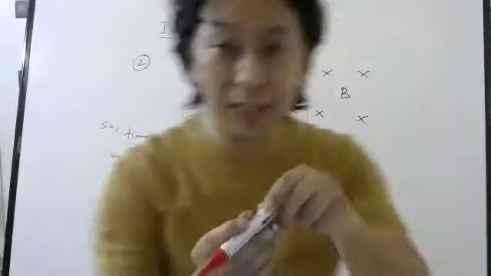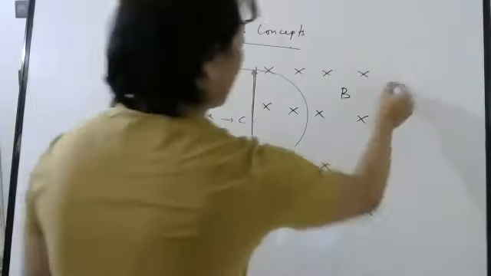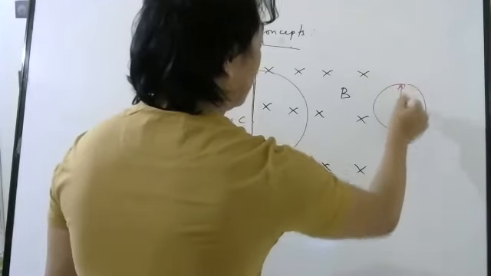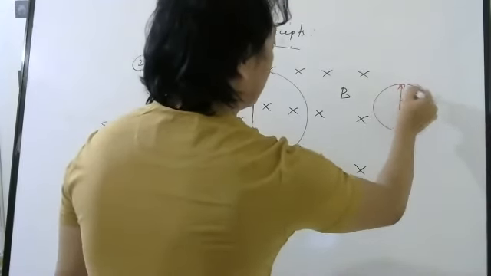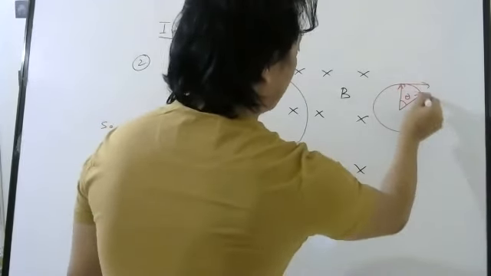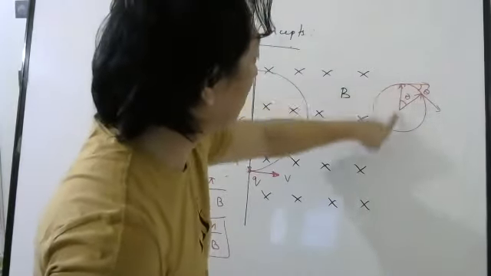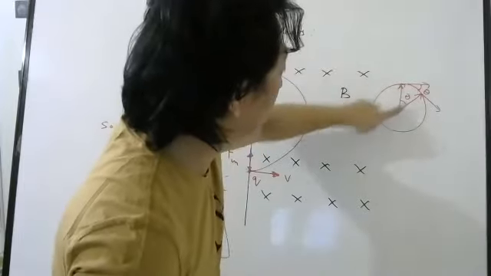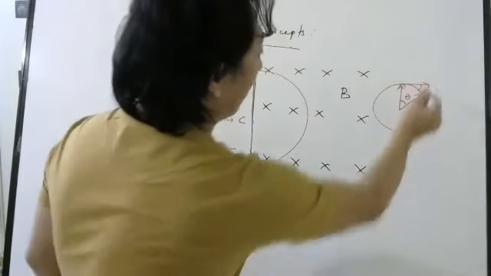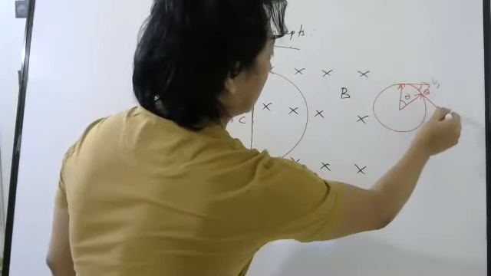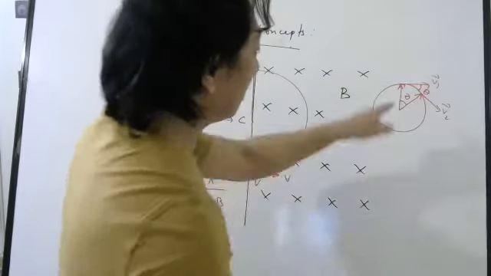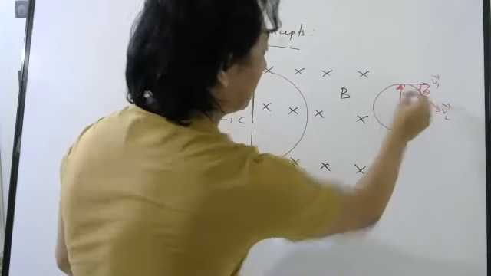Obviously, whenever the radius turns by theta, the velocity will also turn by theta. These two angles are always the same, because this is perpendicular to this, and this is perpendicular to this. So the angle between velocity vectors will be the same as the angle between radius vectors.